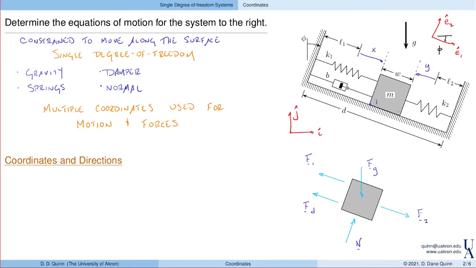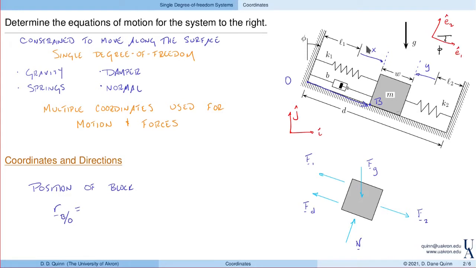So let's put a point B down here in the corner. We want to know the position of B with respect to some point fixed in the ground. So we'll say that's O. So really what we're interested in is this vector. Here, the position of the block is B with respect to O.